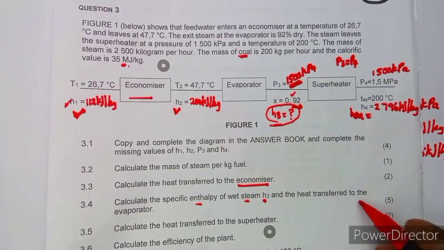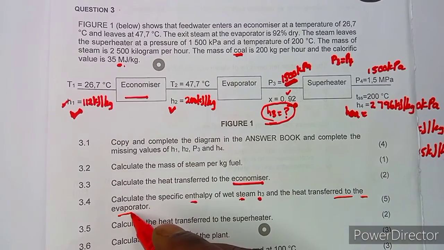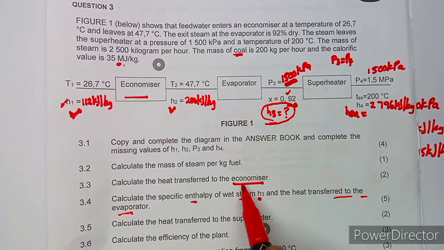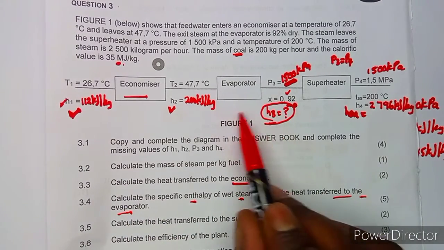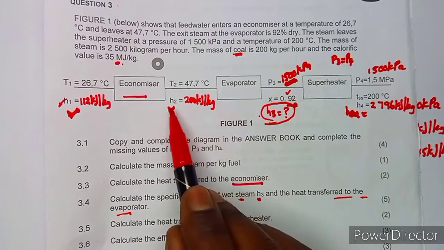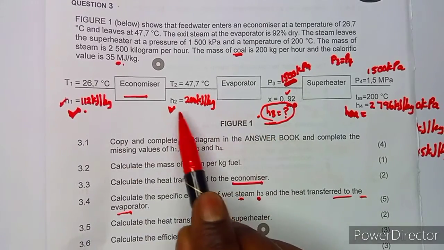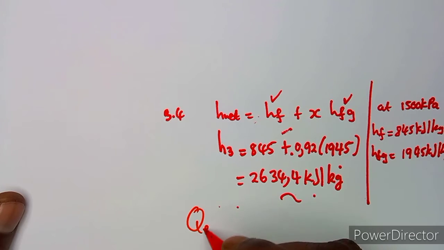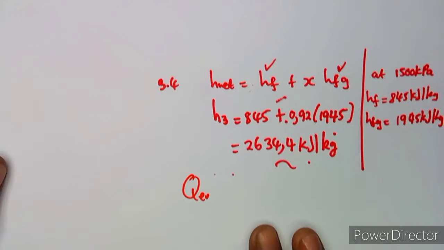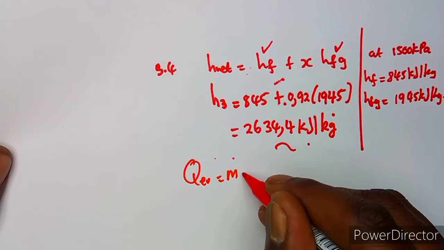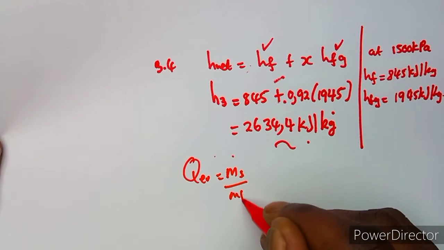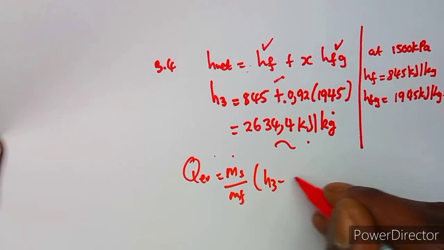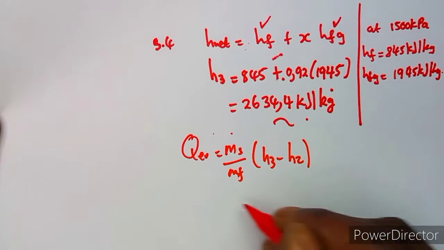But we also had to calculate the heat transferred to the evaporator. Just like the economizer, where we subtracted H2 minus H1, this one is H3 minus H2. That is the concept throughout. So that is our Q evaporator: mass of steam over mass of fuel times H3 minus H2.